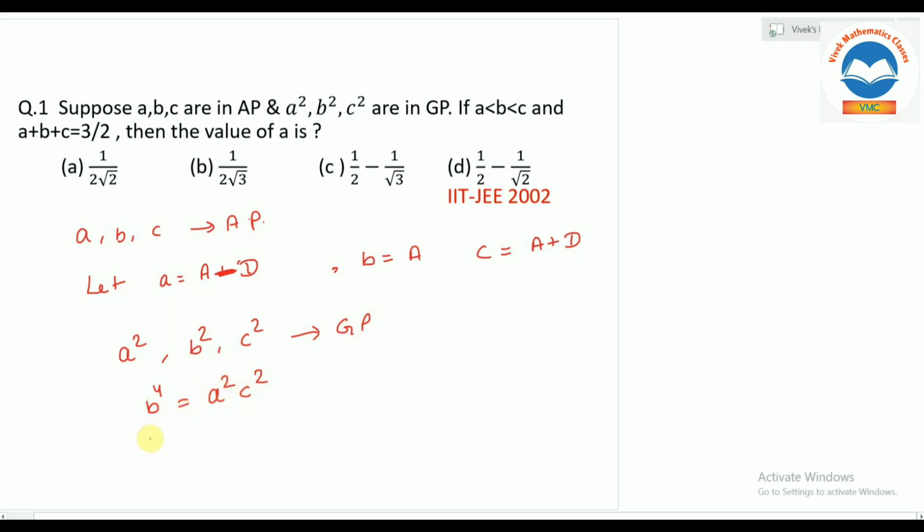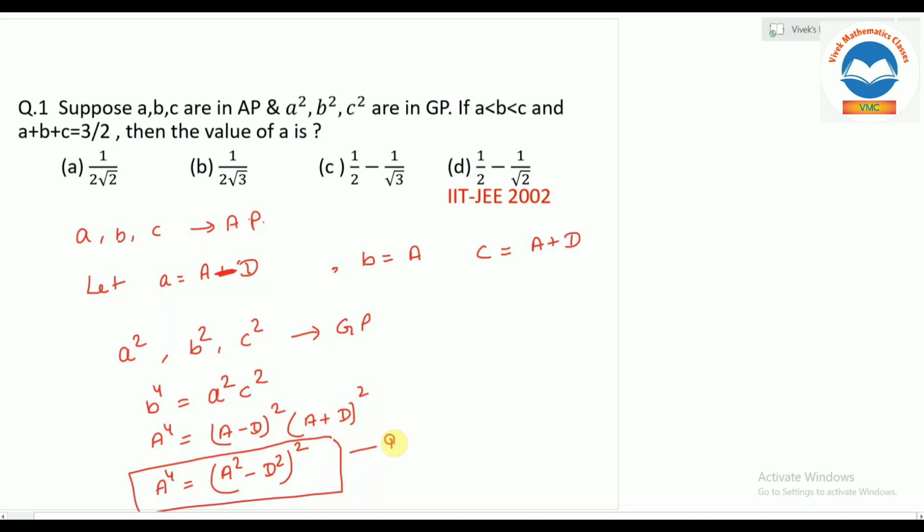So A to the power 4 will be equal to A minus D the whole square times A plus D the whole square. So here we will get A to the power 4 equals A square minus D square the whole square. Okay, let's say this one we are getting equation number 1.